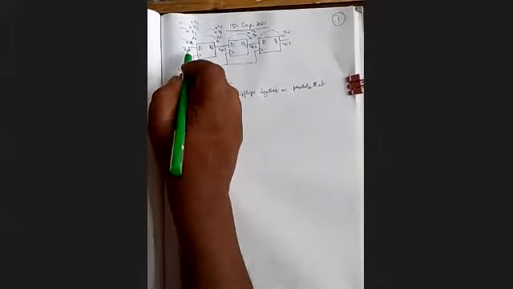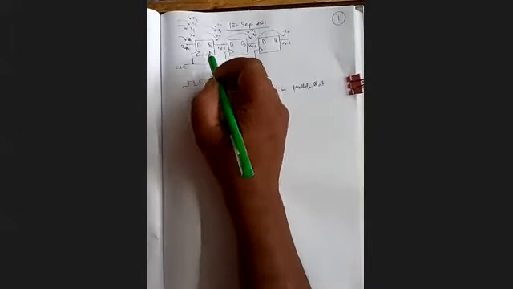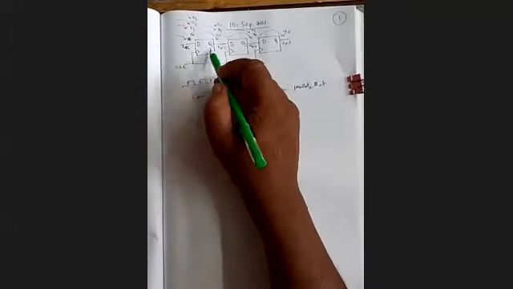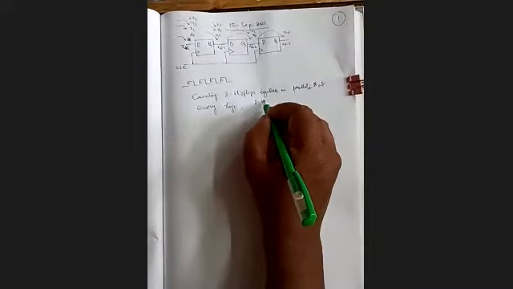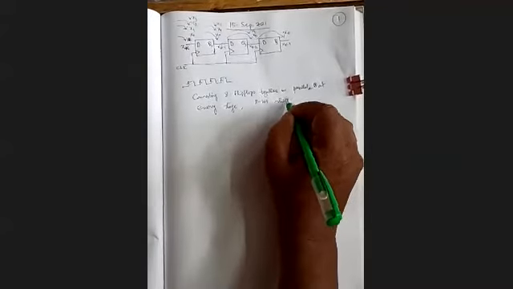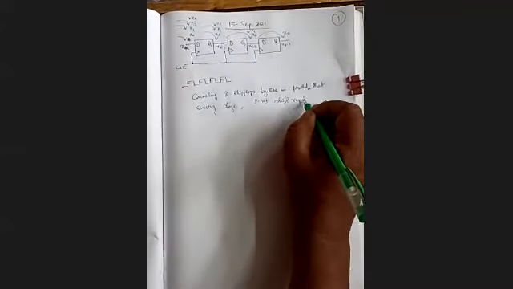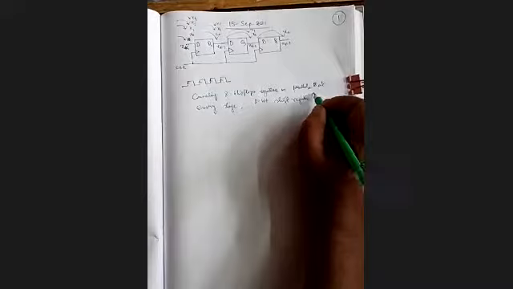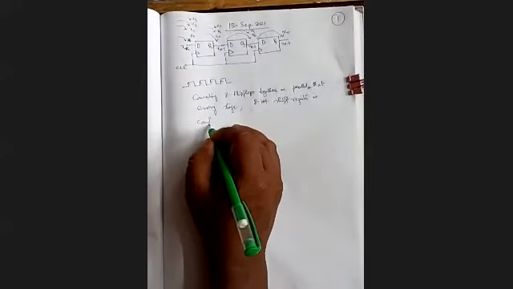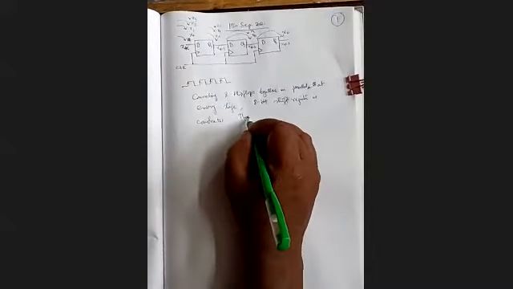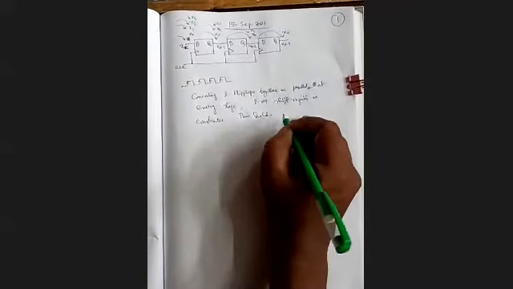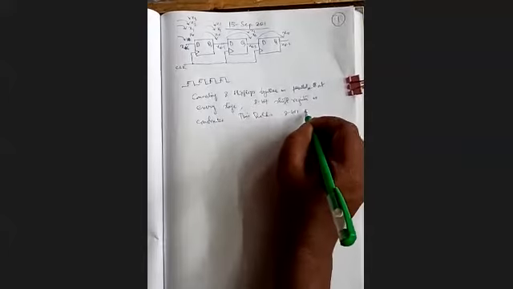So an 8-bit input will come here, and all these 8 flip-flops will be triggered by the same clock at every stage. An 8-bit shift register is constructed. This holds 8-bit data.